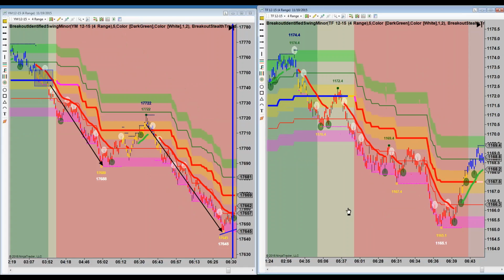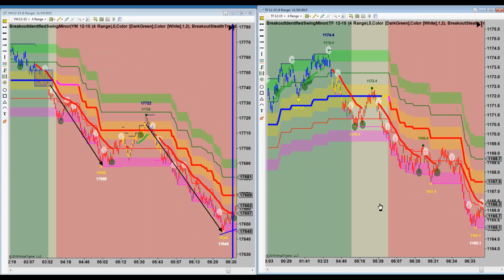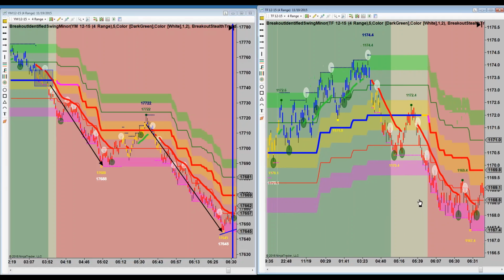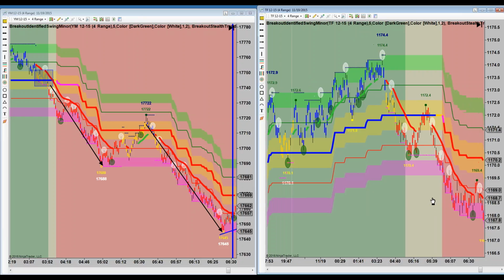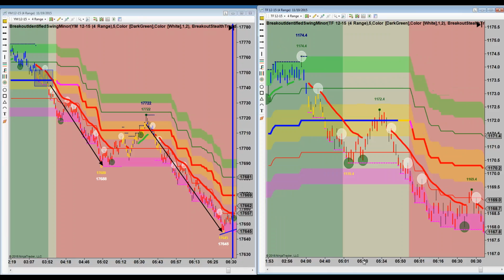Let me get 630 over here. No, hold on. That's not completely accurate. I'm going to show you how different this looks. Stand by. There. That's close. See how radically different these two look?